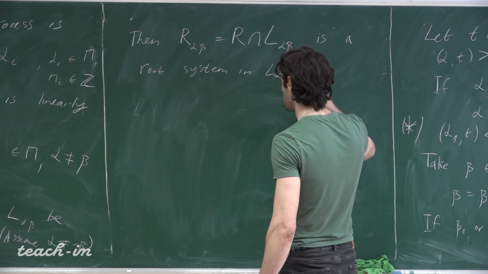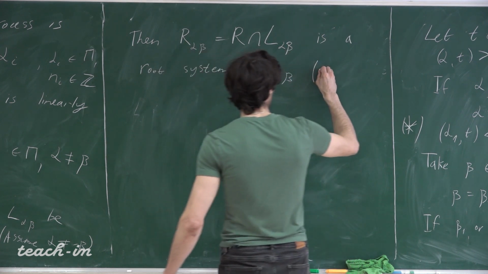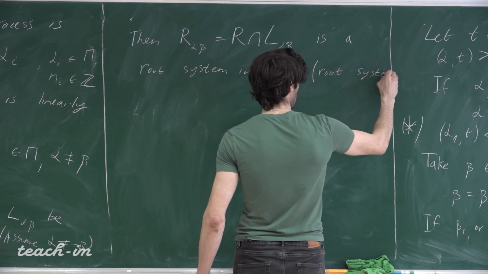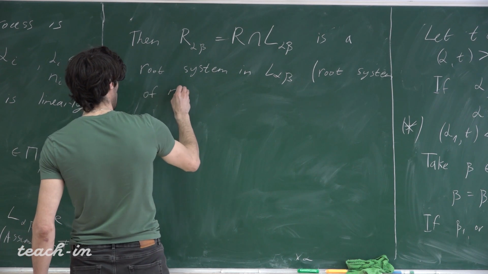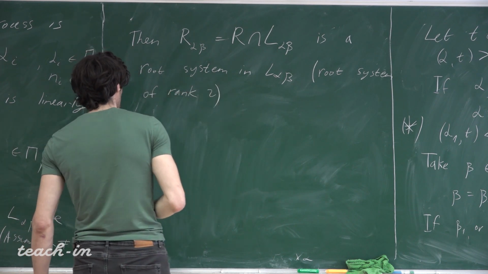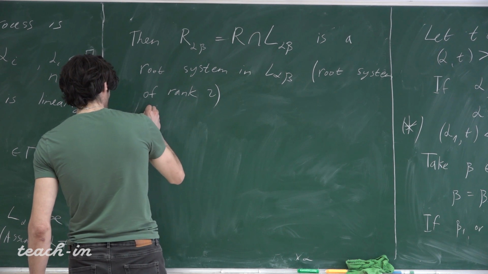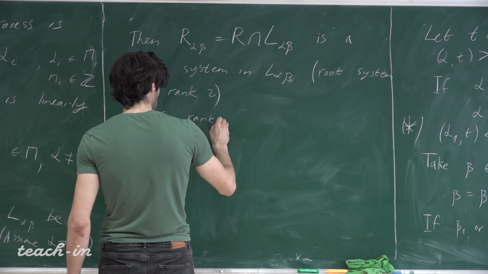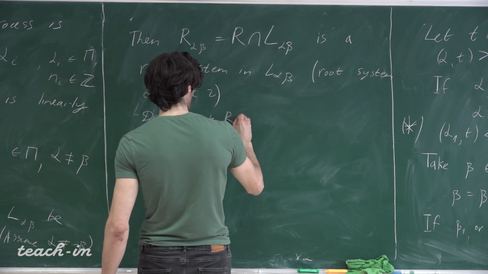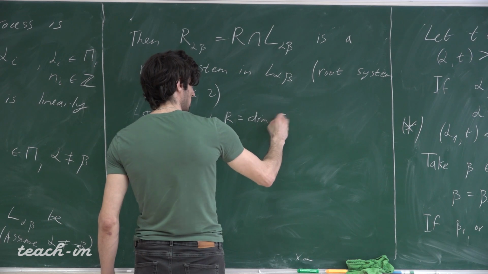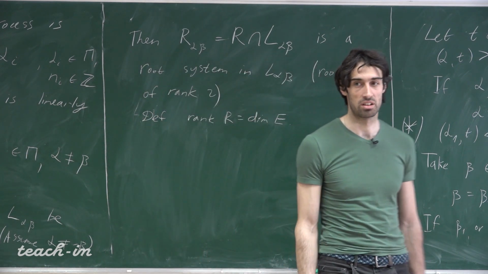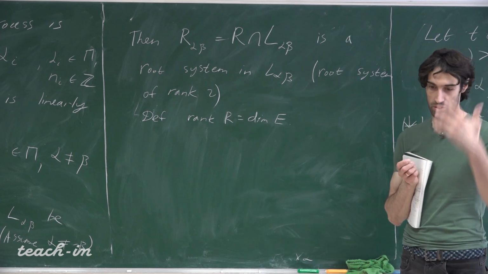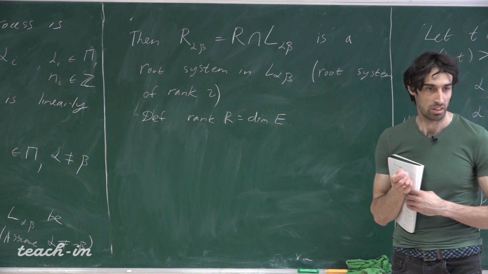So by definition, the rank of a root system R in E is just the dimension of E. Nothing hard here. It's just the dimension of the plane or the space in which you live.